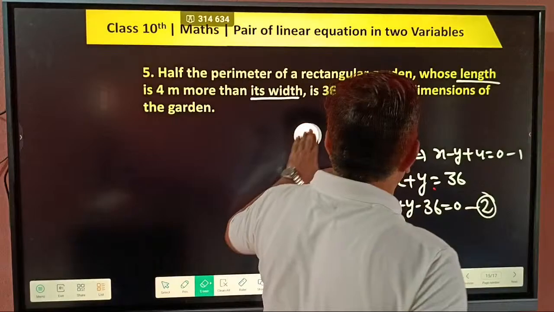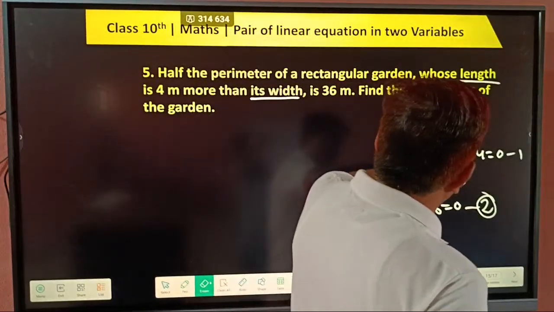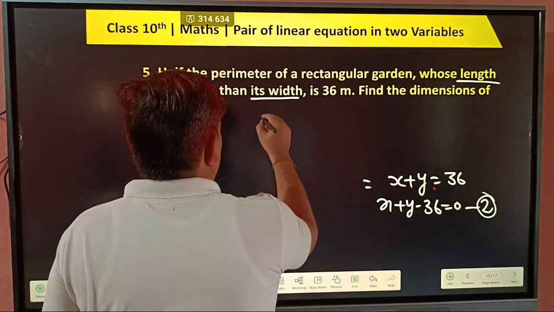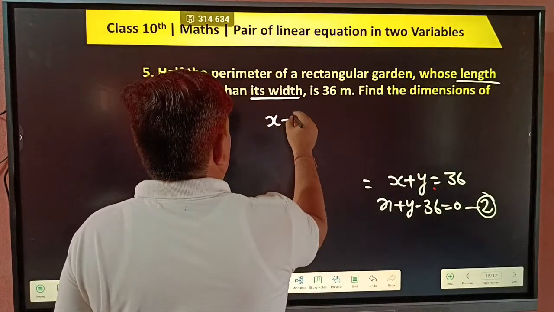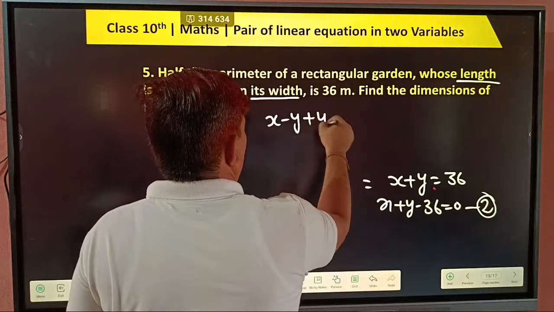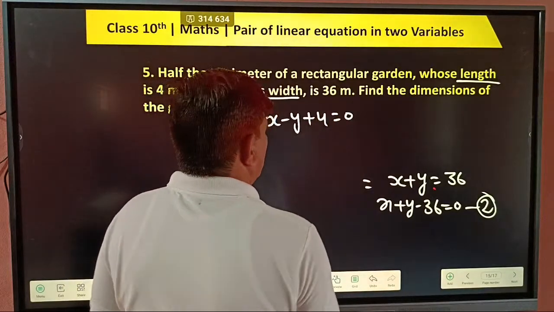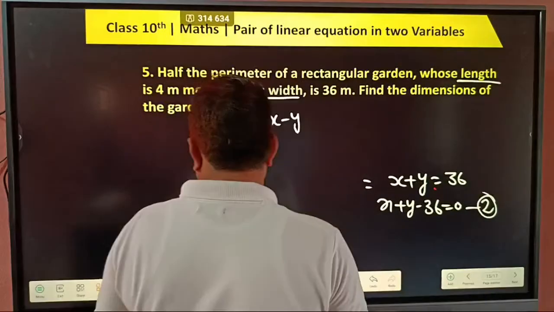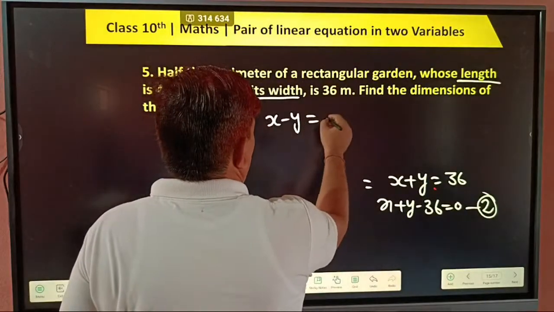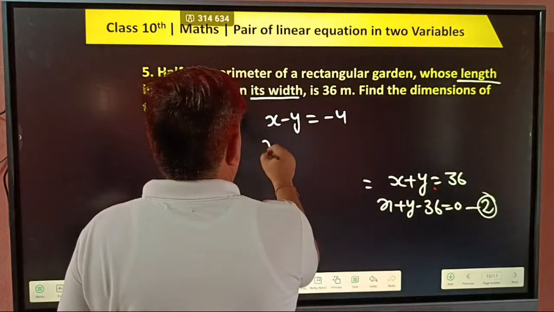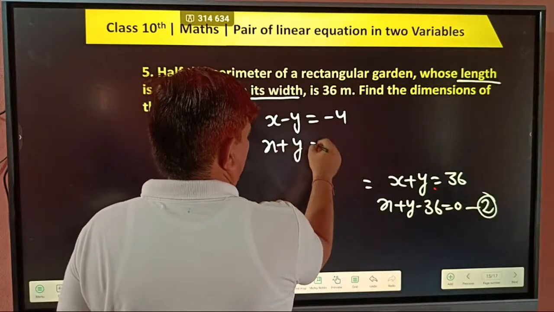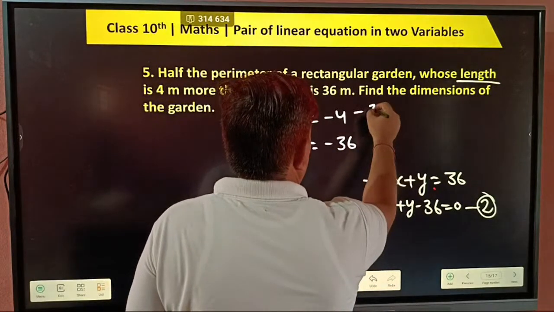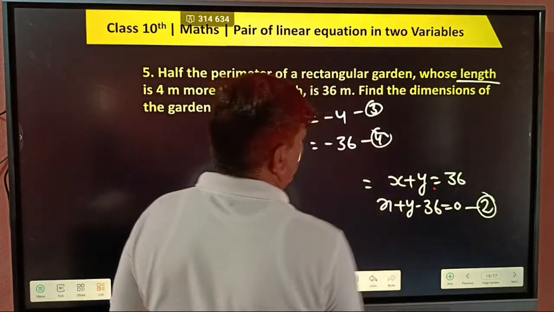So we can write x minus y plus 4 equal to 0, or we can write x minus y equal to minus 4, and x plus y is equal to minus 36. This is equation number 3 and this is equation number 4.